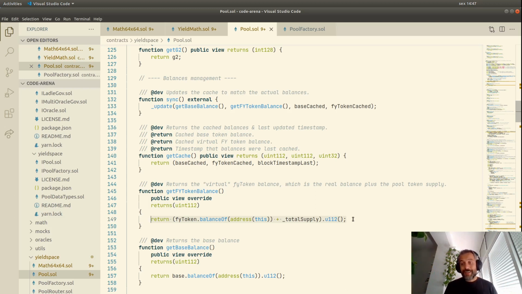Since we can guarantee, because we are going to put checks over there, that the FY token amount will always be higher than the underlying amount, we did a trick and we virtualize all the FY token that we are not going to use. So the FY token balance would be the actual FY token in the pool plus the total supply, the amount of pool tokens that we have issued. And that works out. Ask Dan, I don't know, but it works out.